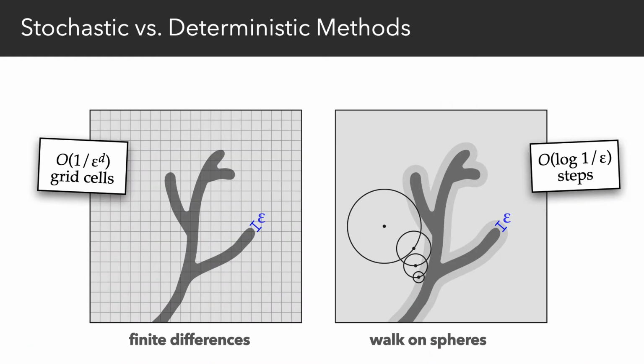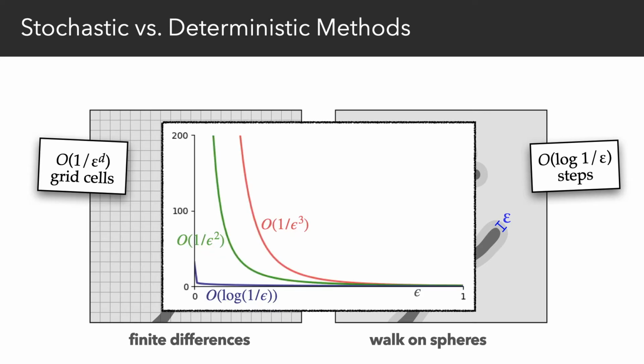By merely decreasing the epsilon shell, walk-on-spheres can adapt to fine geometry, whereas a method like finite differences requires the domain to be discretized into voxels that have a scale matching the scale of the smallest geometric features. This requires 1 over epsilon raised to the d voxels, which explodes for sufficiently small epsilon relative to the much more favorable walk-on-spheres bounds from Binder and Braverman's analysis.